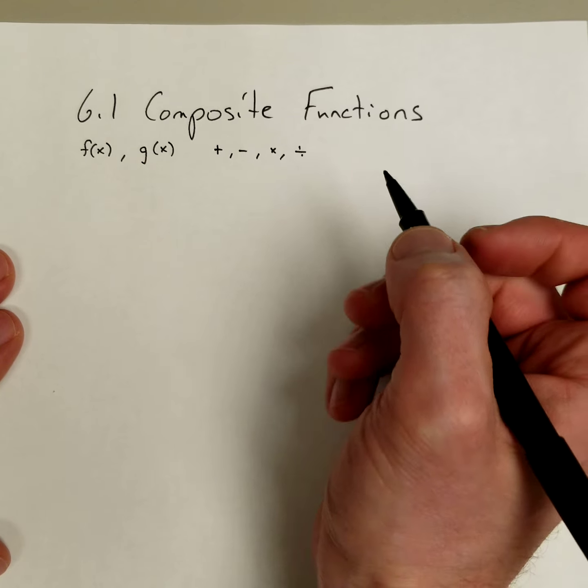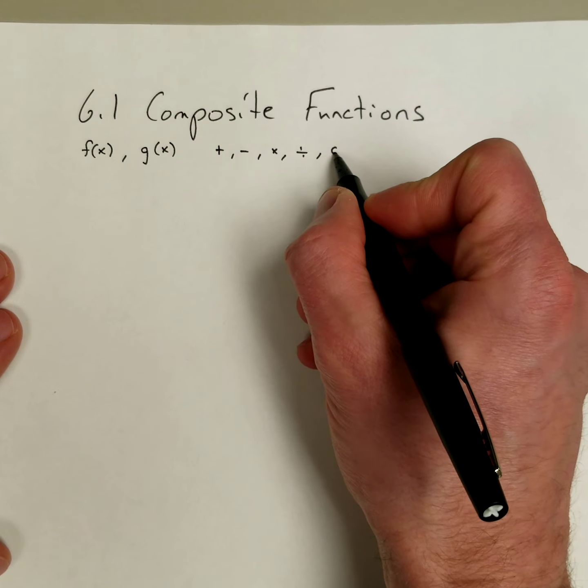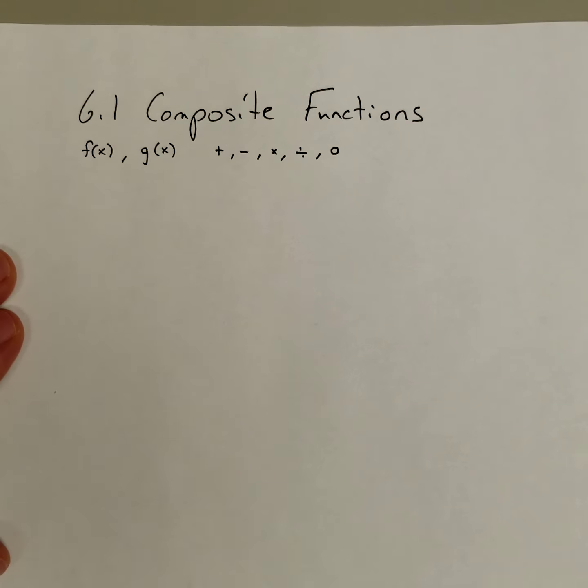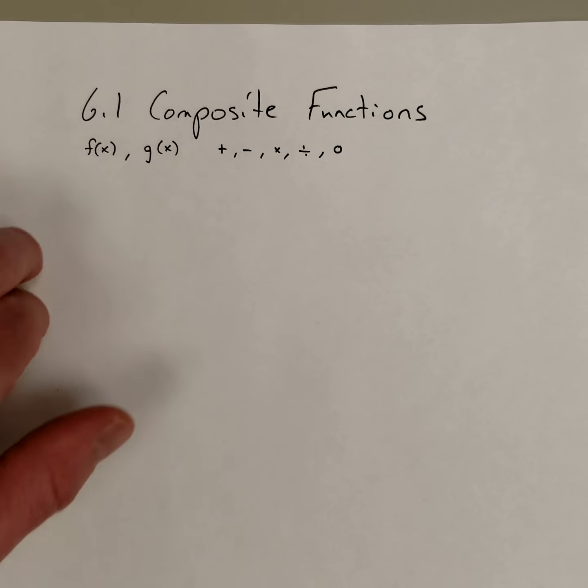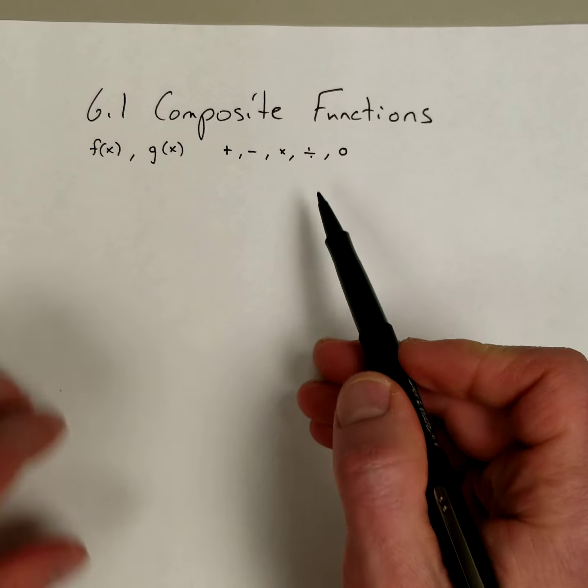Well, now in this section we're going to introduce a new operation called composite. The symbol is a circle. All right, and so if you have two functions, you can now combine them in a new way.